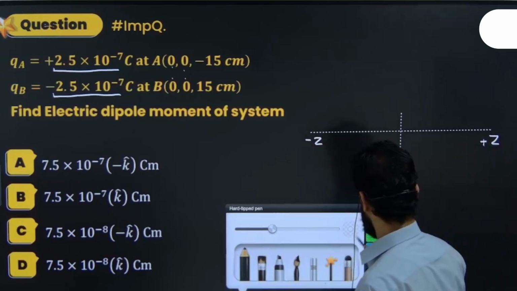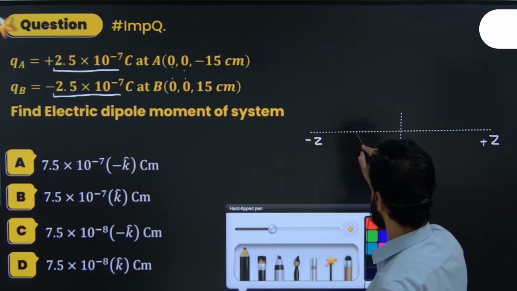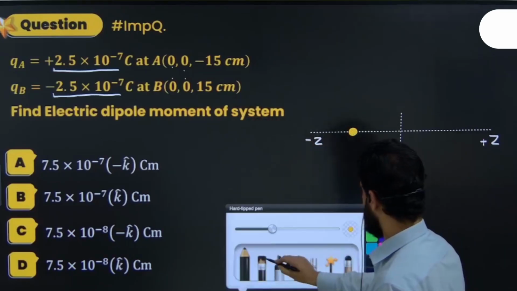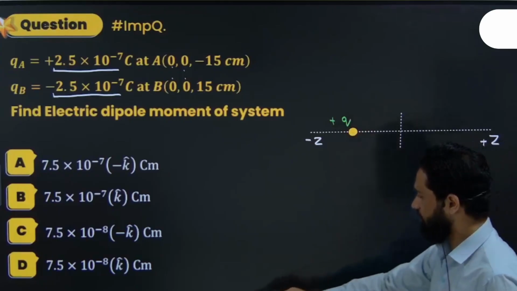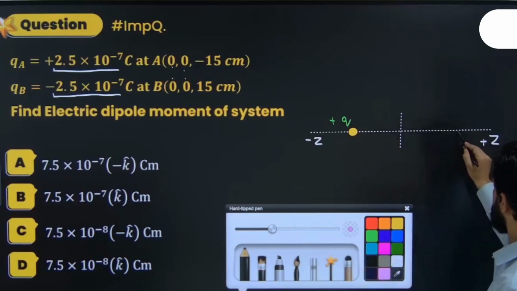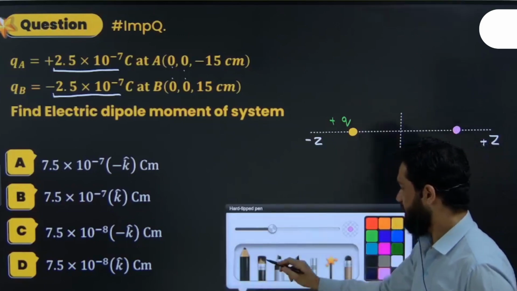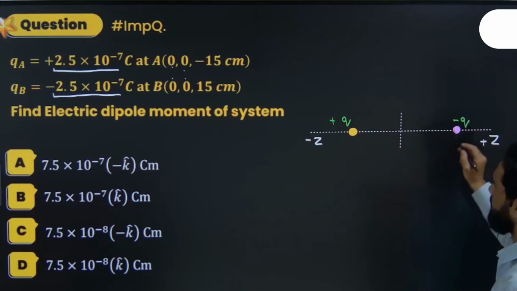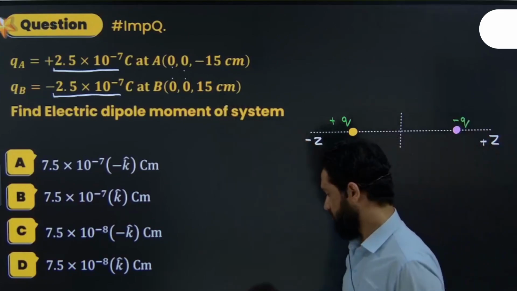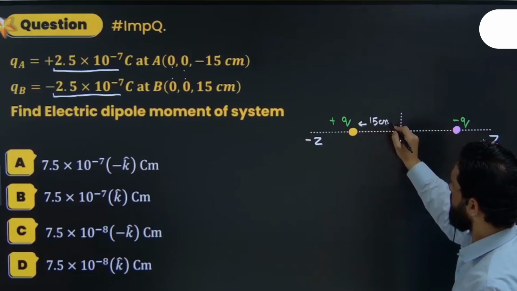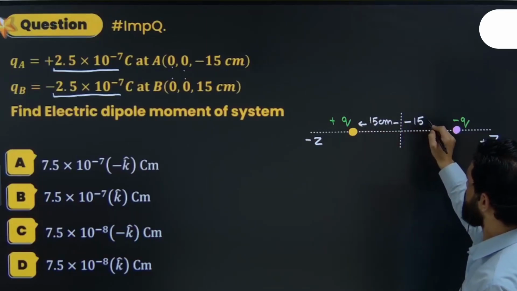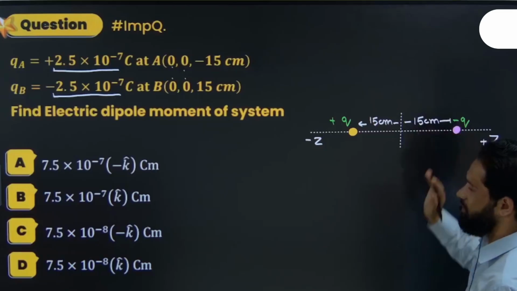So where is this positive charge? Positive charge is given at minus 15 centimeters, positive q, and we have one more negative charge here. So it is given at again 15 centimeters. So we can say fine, this is 15 centimeters from the origin in backward direction, this is also 15 centimeters from the origin in the forward direction.